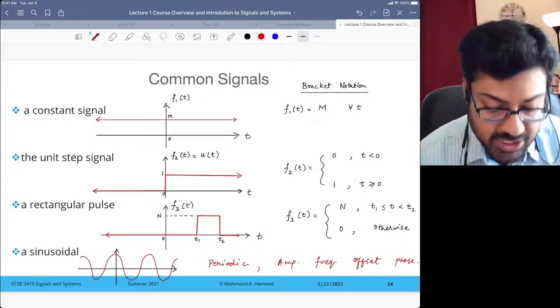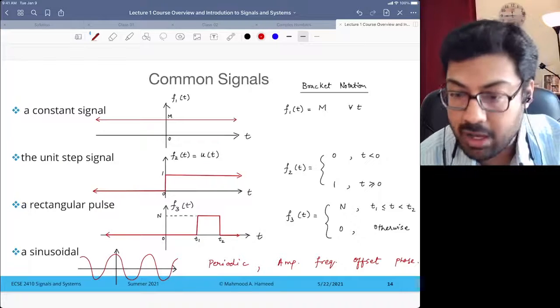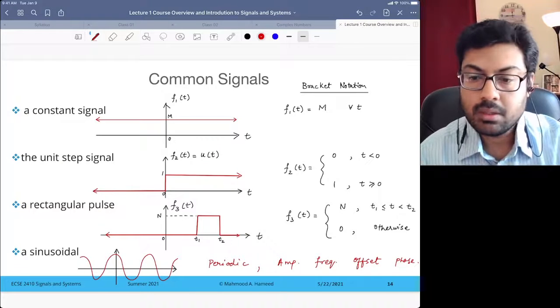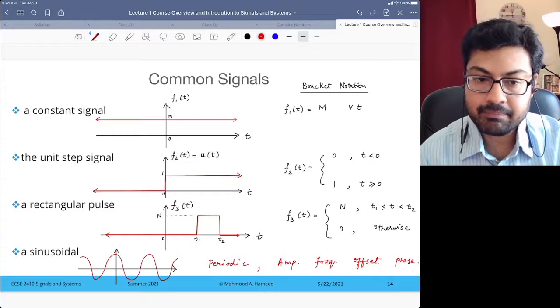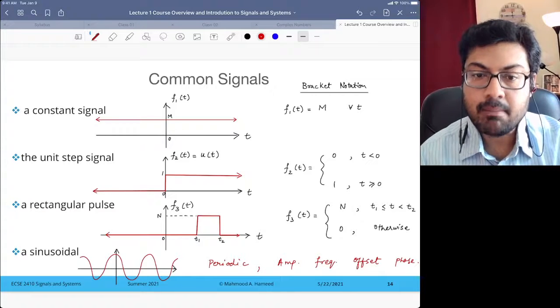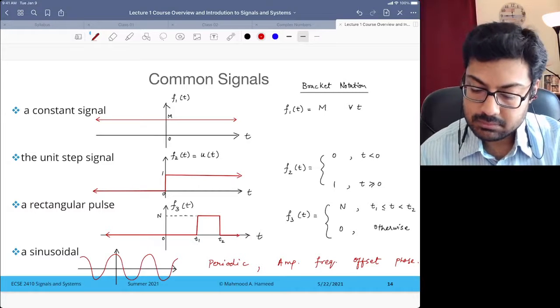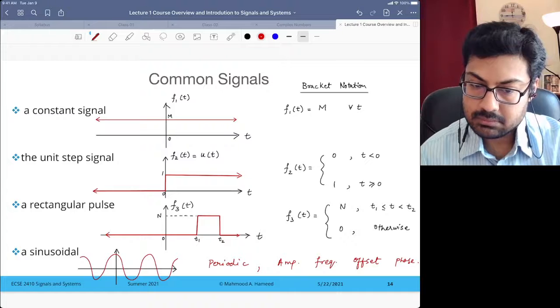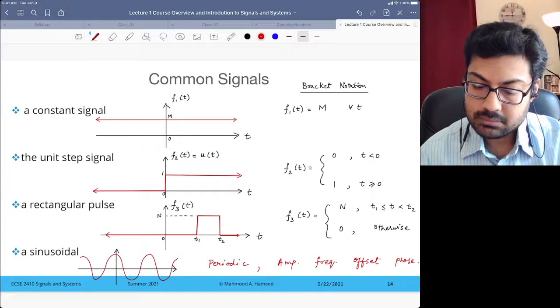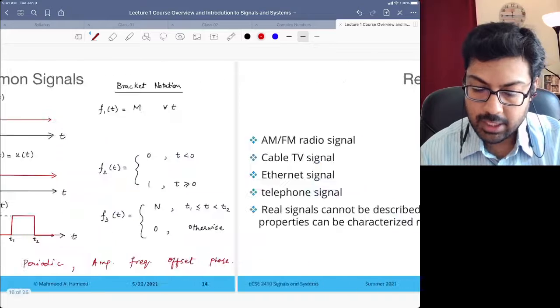All right, questions about common signals, the ones that we have seen so far? How do you express them graphically? How do you express them in a bracket notation? All right.